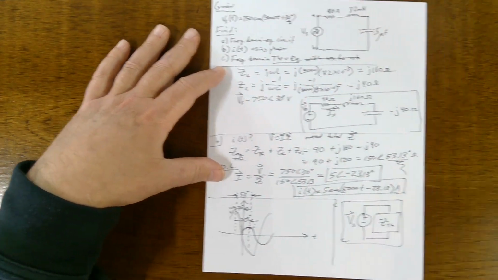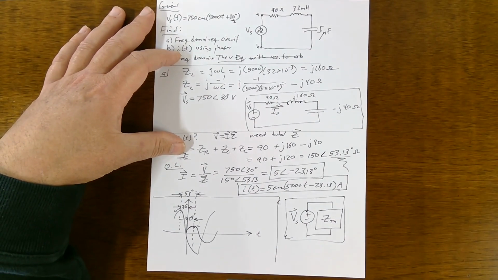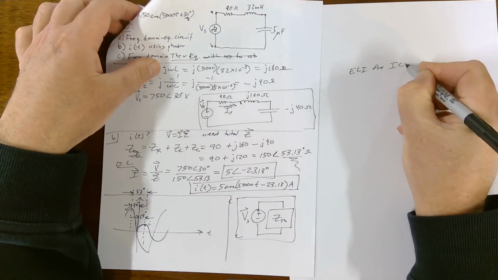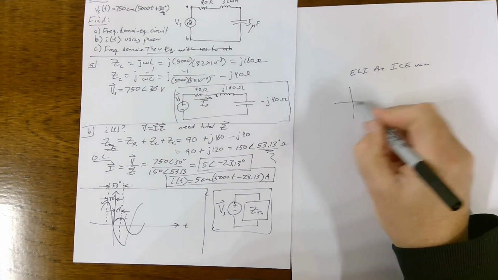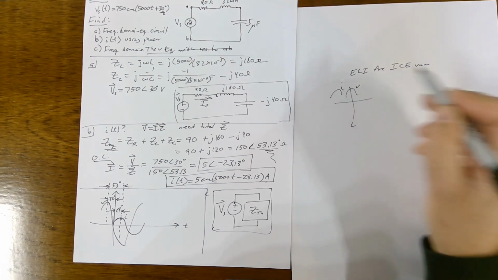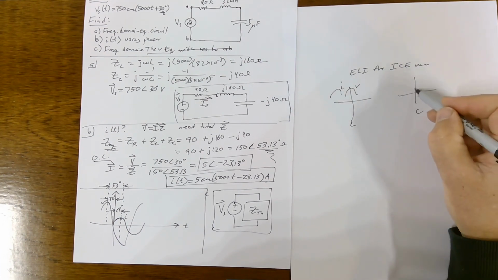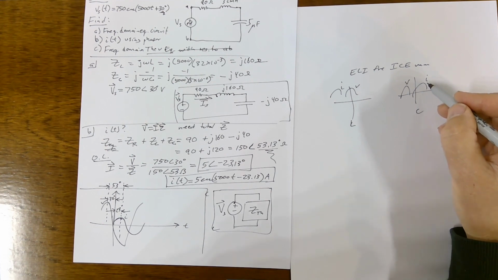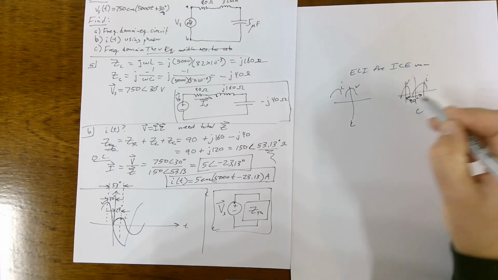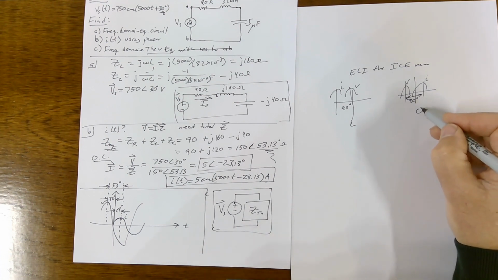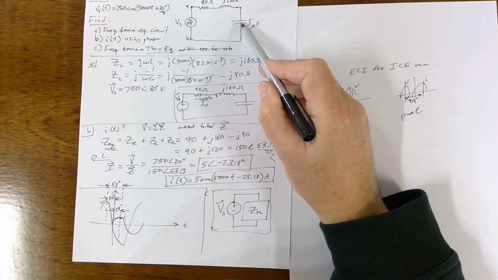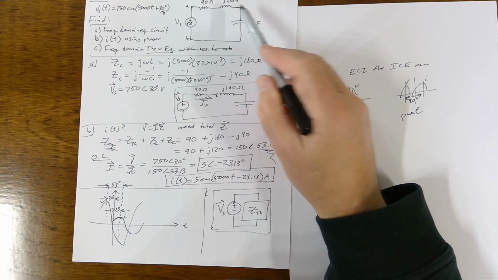So remember, we had a problem before. So there's ELI the ICE man. If a circuit is inductive, then the voltage is going to be ahead of the current, and if it's capacitive, then the other way around. The current is going to lead the voltage, but by exactly 90 degrees if it's pure capacitive or pure inductive. But this circuit here has an inductor and a capacitor, so it's not purely inductive and it's not purely capacitive.